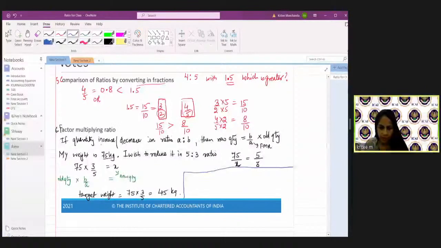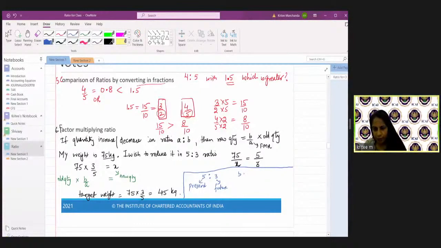When I say I have to increase or decrease a quantity in a certain ratio, that is A is to B, so if I wanted to decrease it in the ratio A is to B, wherein 5 represents my present weight and 3 represents my future weight. So right now I'm 5 times and I need to come down to 3 times.